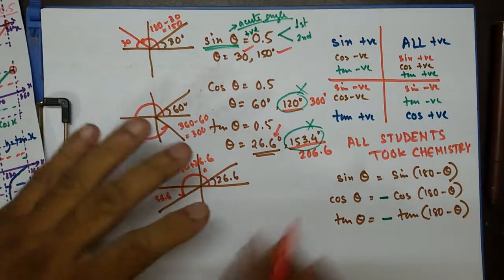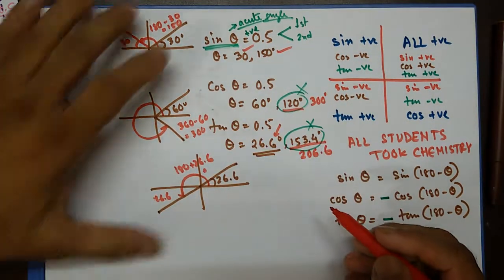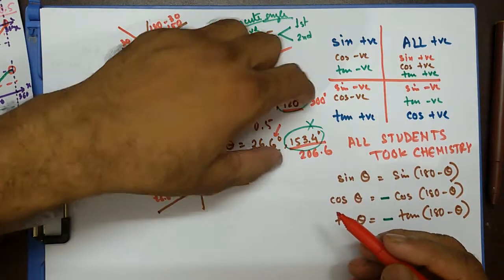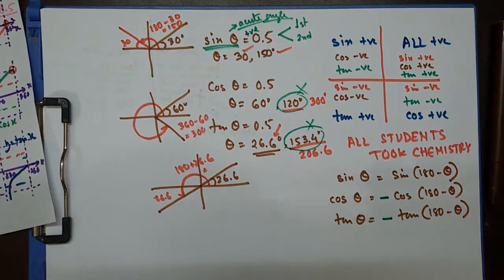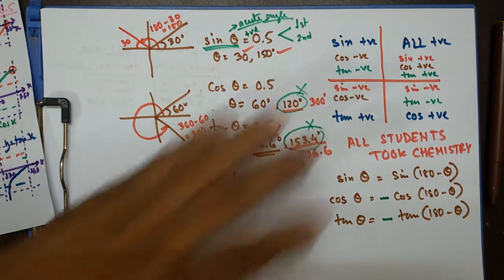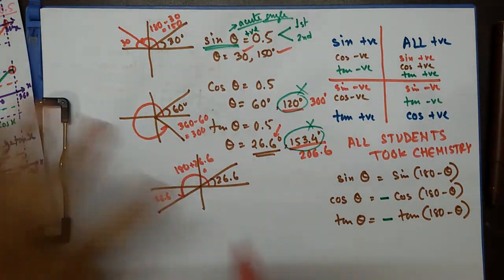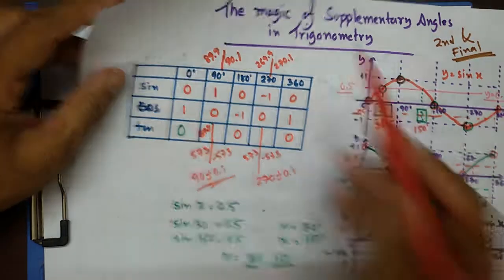Now in my next few videos, I'll solve some trigonometric functions like this, but today I'm going to talk about something else related to that. A lot of students ask this question about why I was saying the magic of supplementary angles in trigonometry.